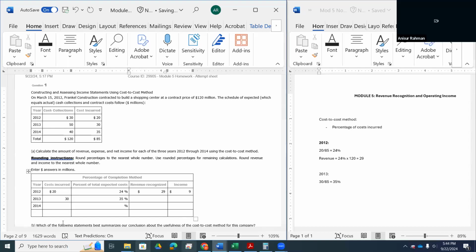So our revenue will be 35% times total revenue, the same 120 million.